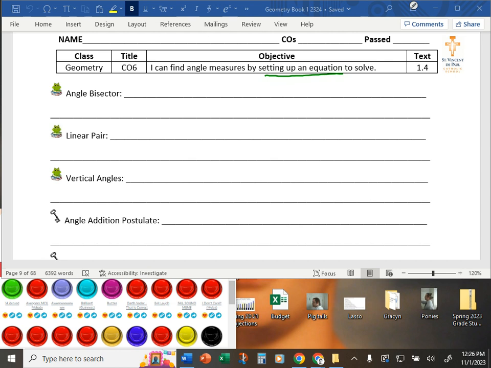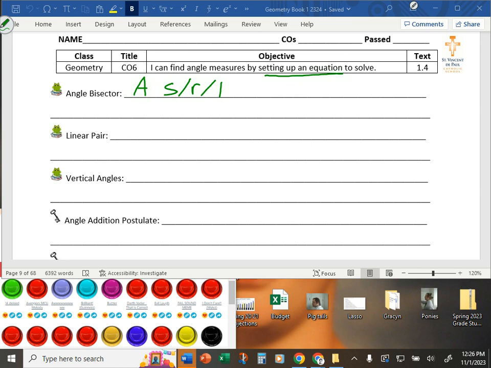We have some definitions. What is an angle bisector? A ray that divides an angle into two angles that are congruent. Okay, so an angle bisector is a segment, ray, or line. Remember, initially on CO1, I wrote out the phrase segment, ray, line, but then told you I'd eventually abbreviate it to SRL.